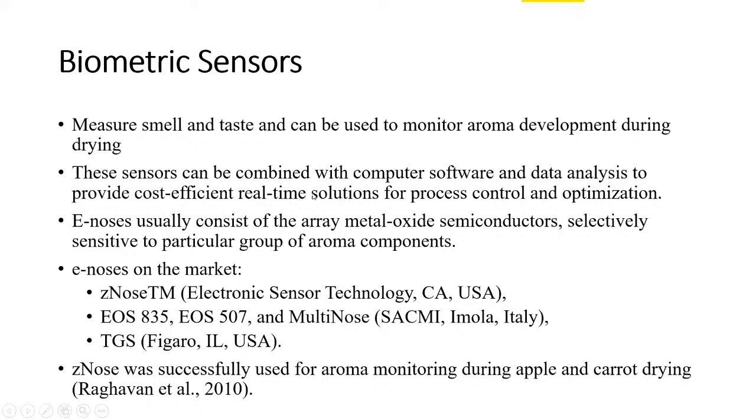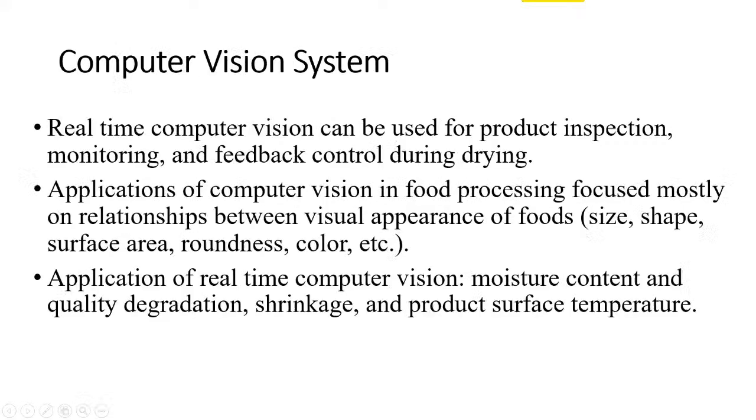And then we incorporate also computer vision, which can help us monitor the size, the shape, surface roughness, color, etc., of the product during drying. From this, we can estimate moisture content in real time.